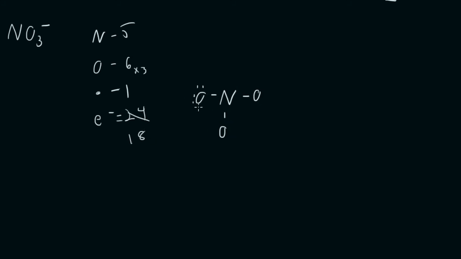Now let's do NO3. All right, I've used 18 electrons, so this nitrogen is going to need to make a double bond with one of these oxygens. And so if I calculate my formal charges here, this oxygen would be 0, these oxygens would be -1. What would this nitrogen be? Well, it's going to have 5 valence electrons to start with, and then it's got no pairs, and it's got 4 bonds.